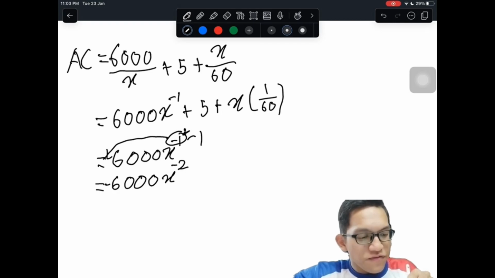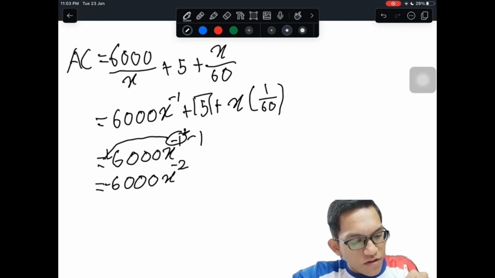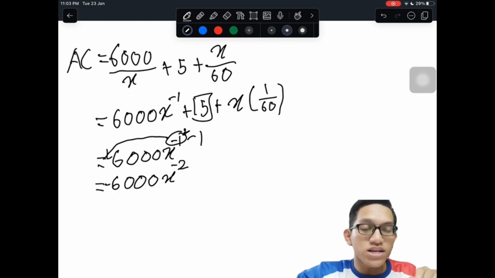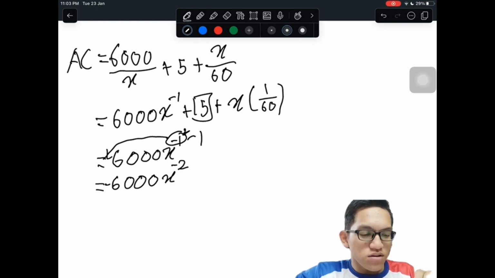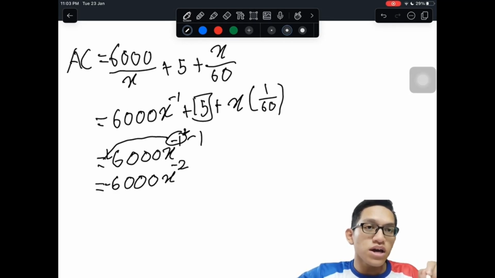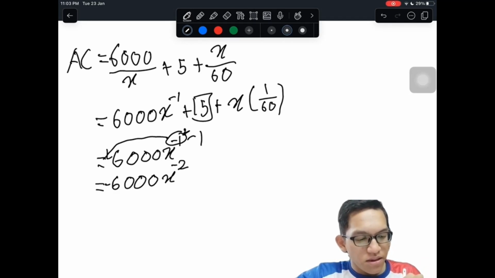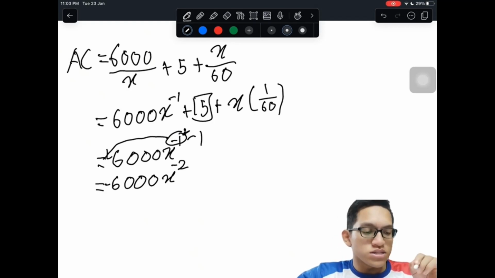Okay, so for 5, if there is no x, then when we differentiate it, the answer will be equal to 0. If there is no x in that number, then we don't need to put the answer.